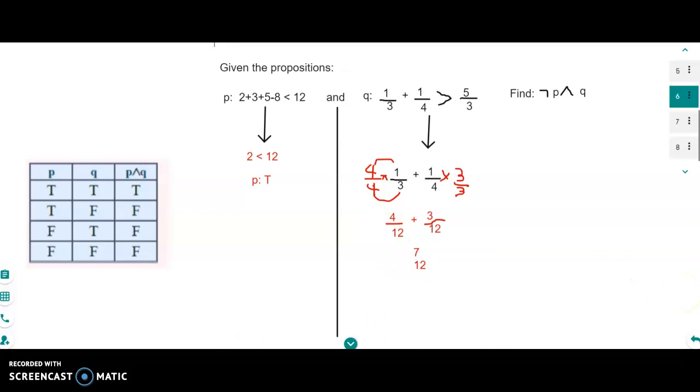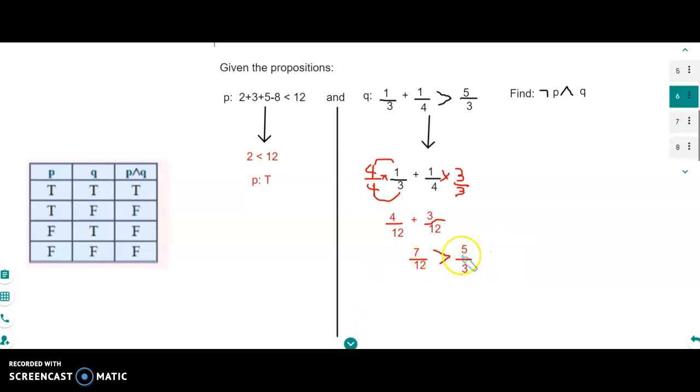All right? Okay. So this is our final fraction after adding them, and then it says that this is greater than 5 over 3. All right?